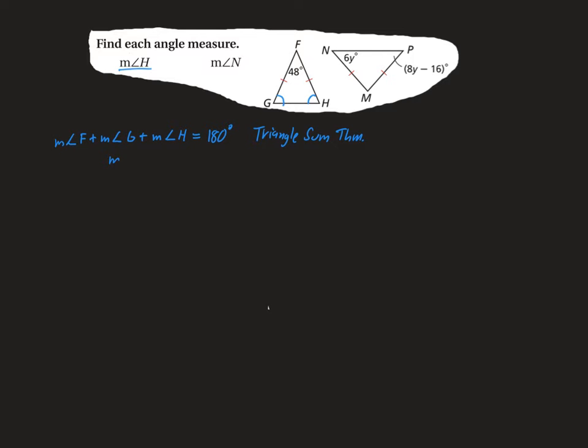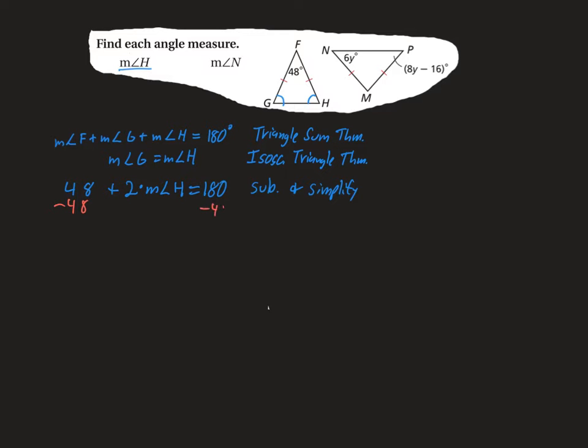Then what I want to do is say that, well, measure G has to equal the measure of angle H. That's because of the isosceles triangle theorem. Then substituting and simplifying, I'm going to put 48 in for measure of angle F, and so then that added to 2 times the measure of angle H has to equal 180 degrees.